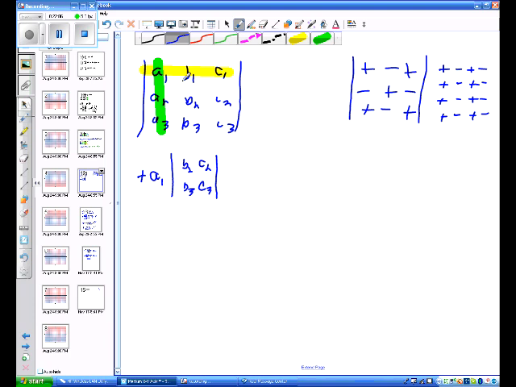Okay, then we're going to go to our next number in that row. When we go to that next number, that b sub 1, well, it has a minus. So we put down the sign of the term, then we put down whatever b sub 1 is. Then what we're going to do is we're going to eliminate the row and the column that has the b sub 1.